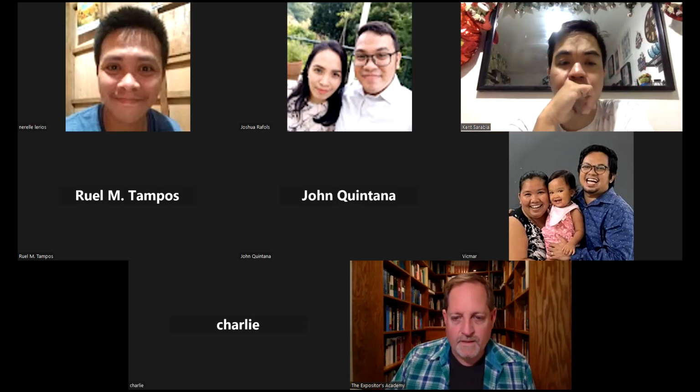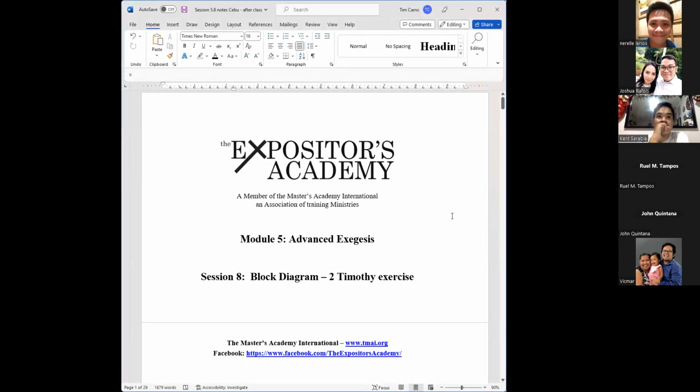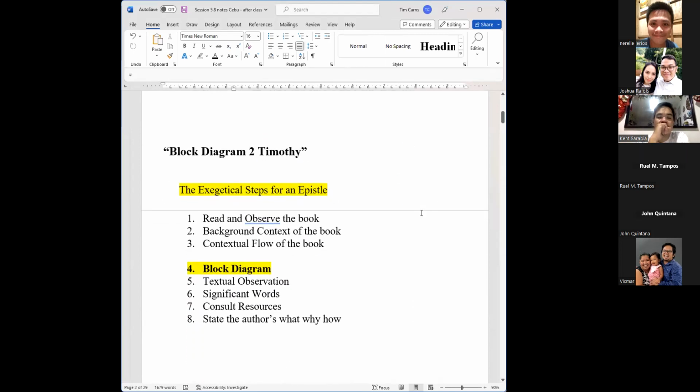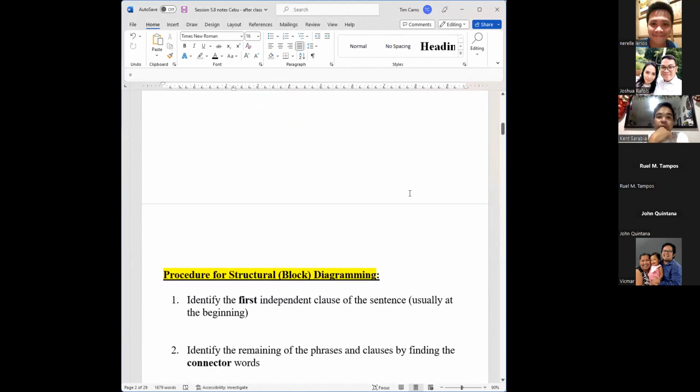Last time we met, last week, we were again looking at diagramming, doing some diagramming together, and got in a discussion as we were approaching this fourth step of block diagramming or structural diagramming.